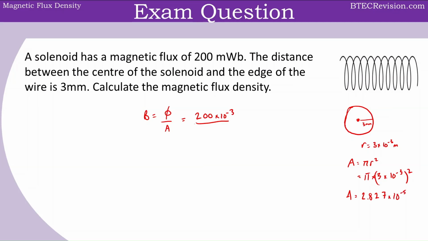And now we can plug that into our first equation, 2.827 times 10 to the power minus 5, and 200 times 10 to the power minus 3 divided by our answer, gives us a value of 7074. The unit is Tesla.